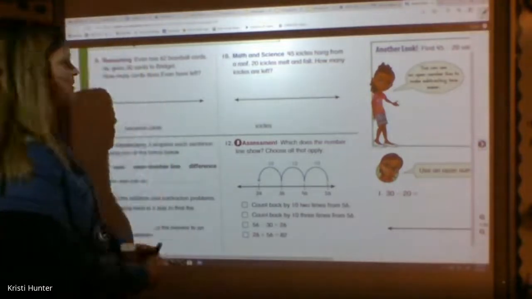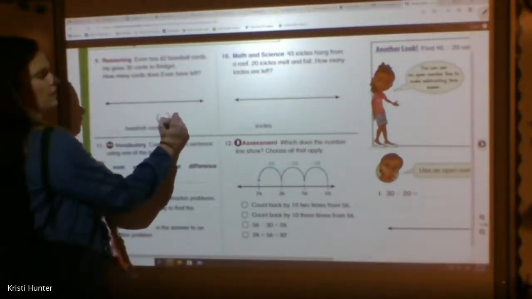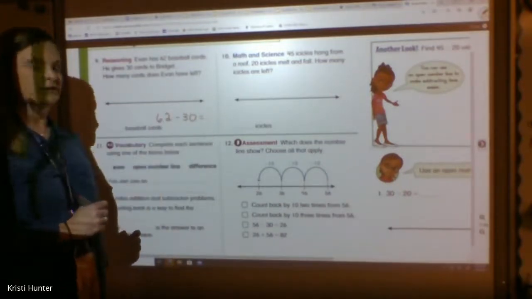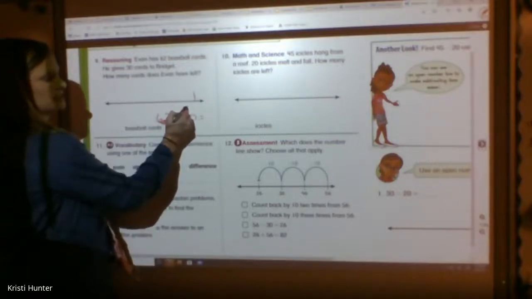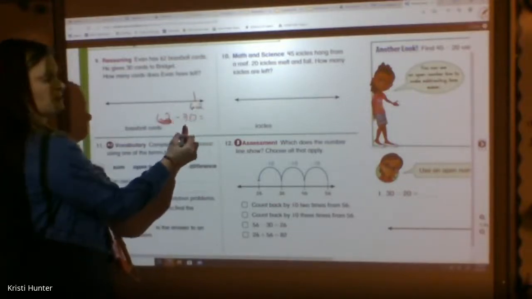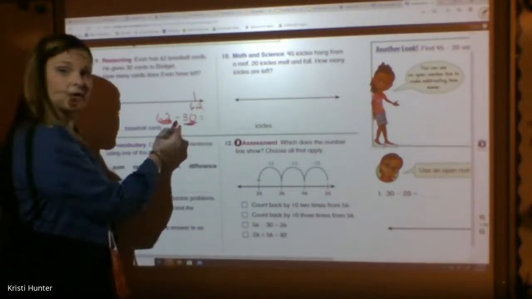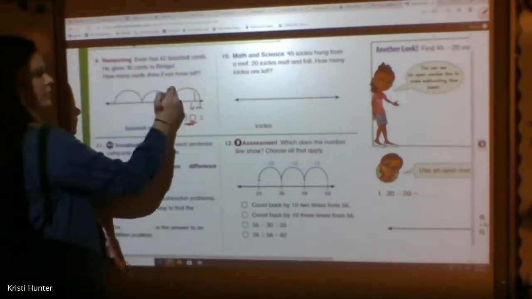So my problem would look something like that. I have 62 cards and he gives away 30. That's going to give me my answer. So my big number is the 62. So I'm going to start at 62 and I need to jump back 30, which is the same as 3 tens. So 10, 20, 30.